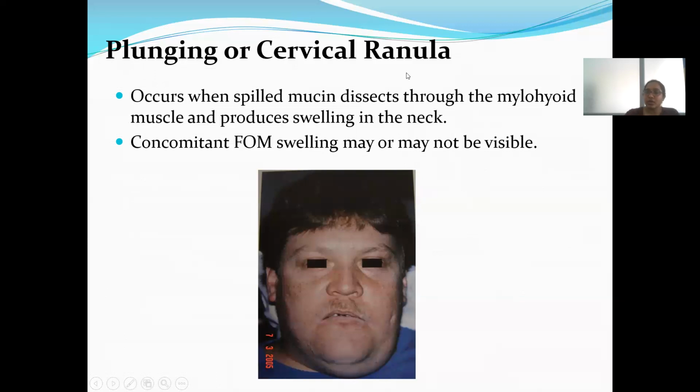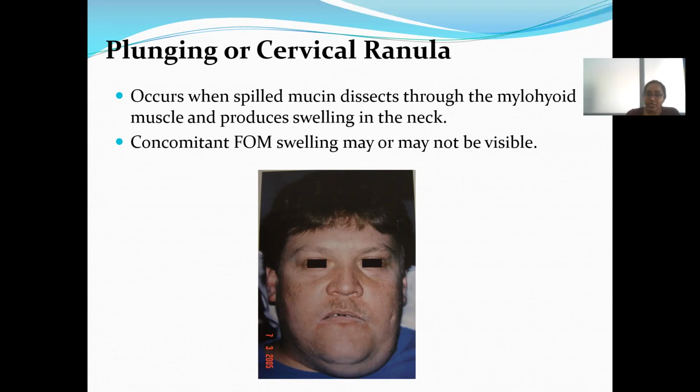Usually it is present above the mylohyoid muscle, and when it goes below, the swelling extends to the neck. That is when we call it a plunging or cervical ranula. Again, treatment for this kind of mucocele is surgical excision of the lesion.